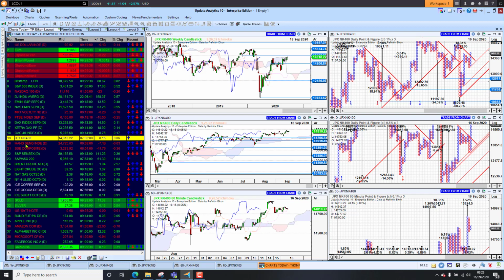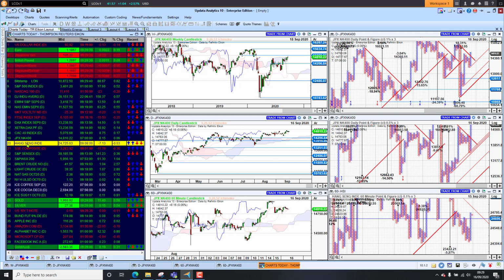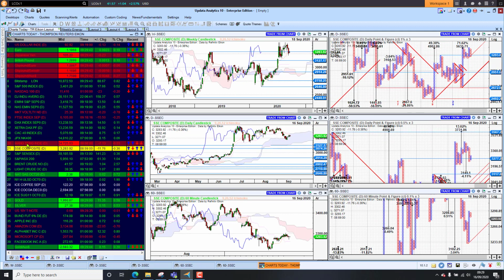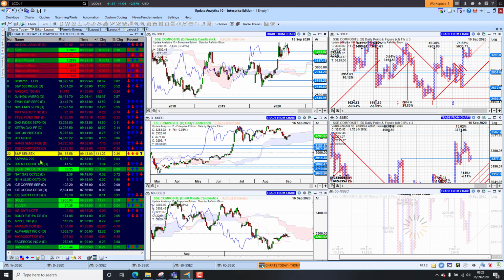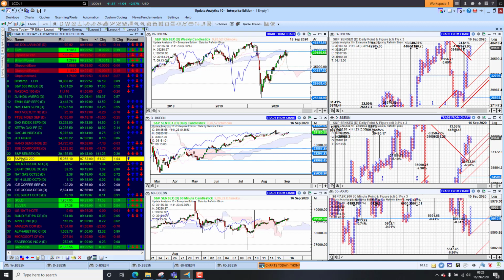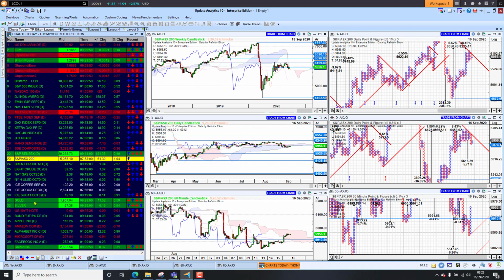New Prime Minister coming in there, and Hang Seng index was flat and Shanghai was down slightly. Still short-term bearish. That's really the theme that we're seeing pretty much across the board. India looking a little bit better, and it has suffered these falls better than most markets. And the Aussie market was up 1%, so that's looking pretty good there.